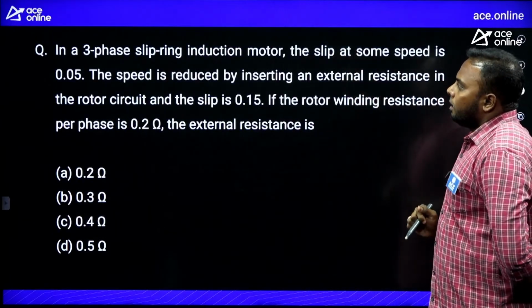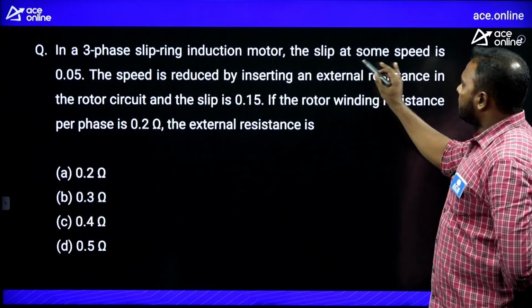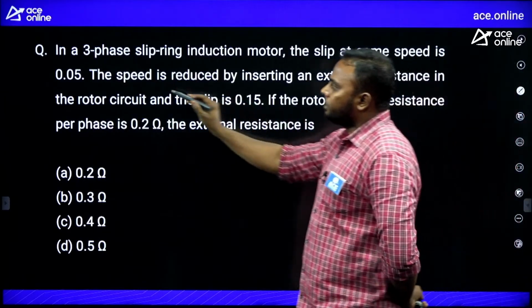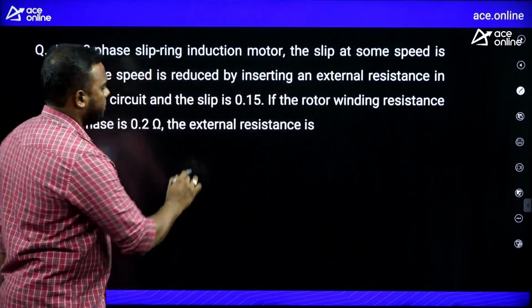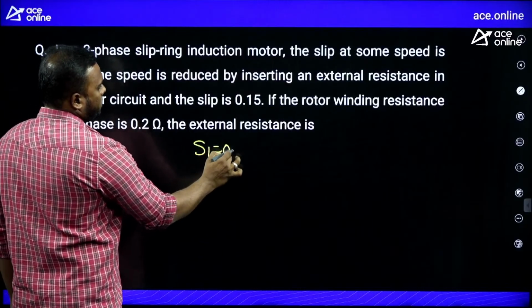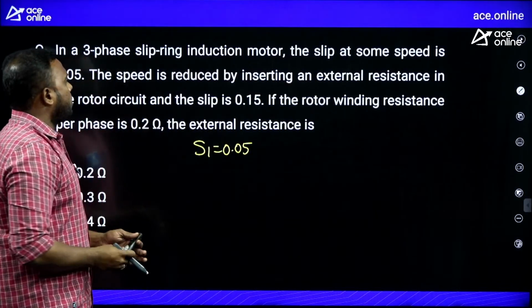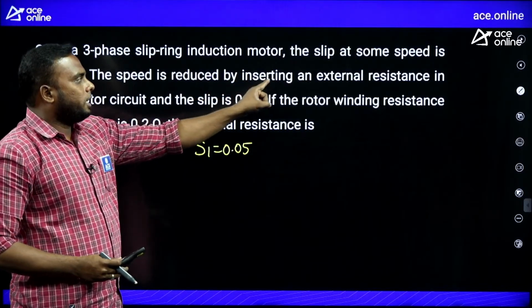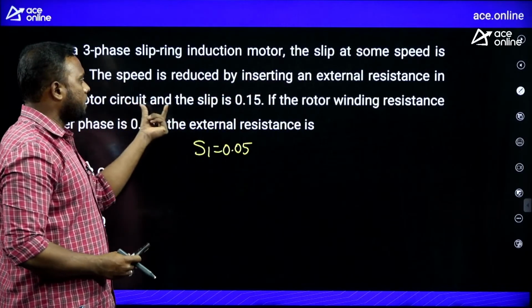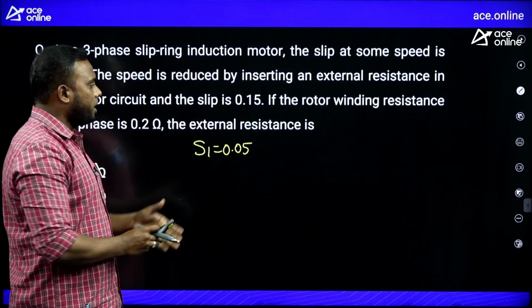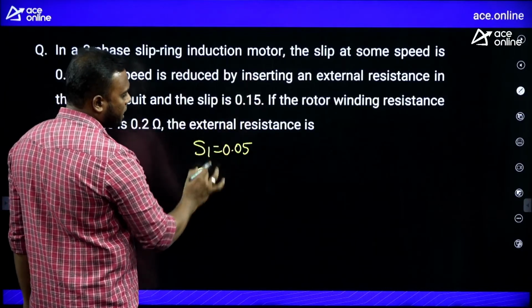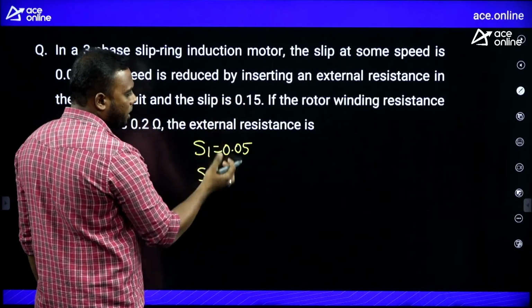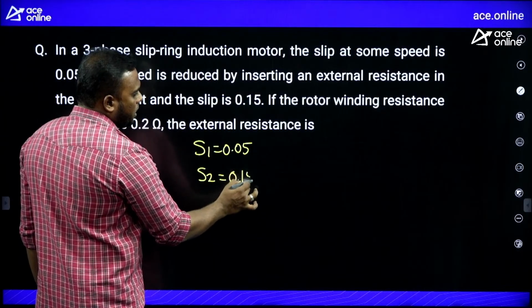Next, in a 3-phase slip ring induction motor, the initial slip is given as S1 equal to 0.05. The speed is reduced by inserting external resistance in the rotor circuit and the slip becomes 0.15. After adding some external resistance in the rotor, slip increased.